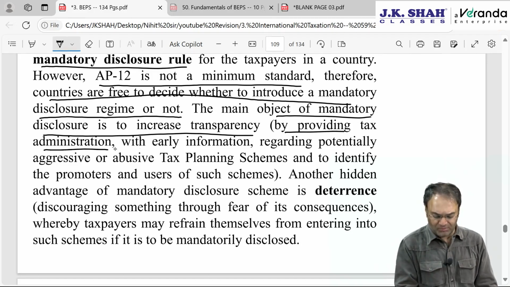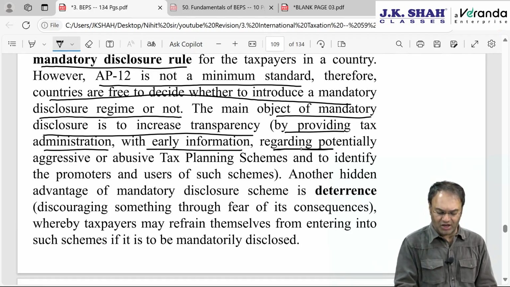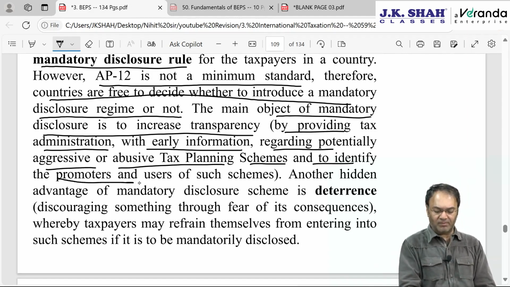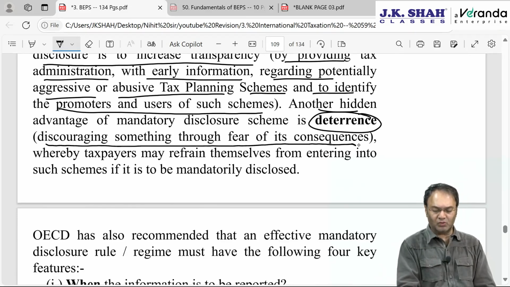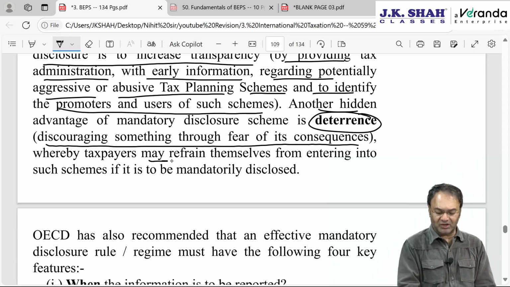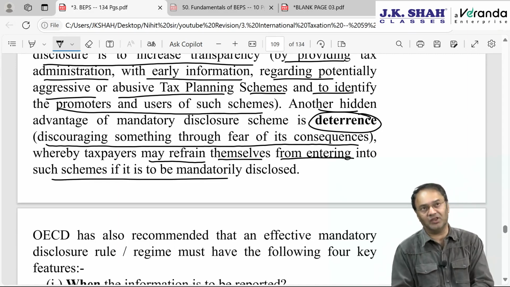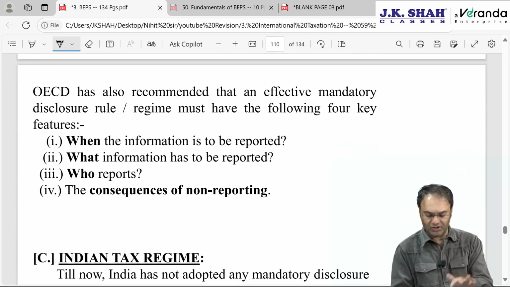By providing tax administration with early information regarding potentially aggressive or abusive tax planning schemes, and to identify promoters and users of such schemes. Another hidden advantage is deterrence, that means discouraging something through fear of its consequences, which I already explained to you, whereby taxpayers will refrain from entering into such schemes if they are to be mandatorily disclosed.